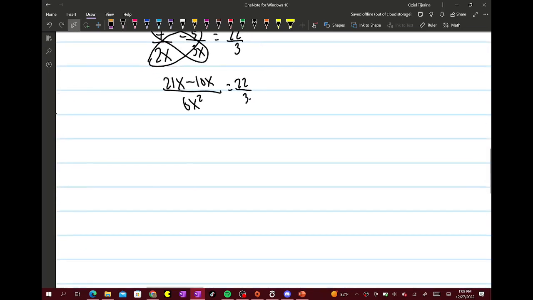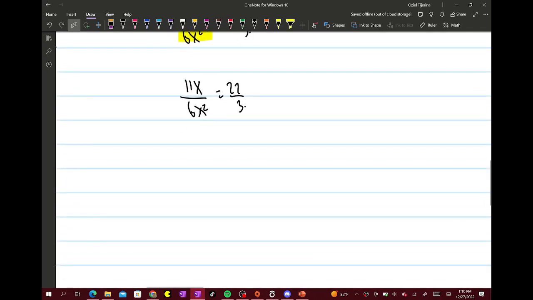So then all you really have to do here is factor out an x, right? Actually no, my bad. You would subtract these two, so 11x over 6x squared equals 22 over 3, and then this would be 11x over 6 times x equals 22 over 3, and so this would cancel out, right?